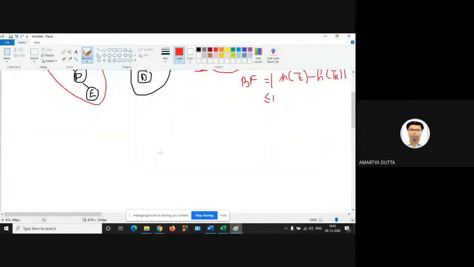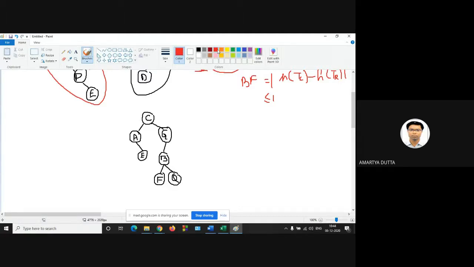Now we have to construct an AVL tree. Let this be a tree, C, A. Let this be a binary tree.